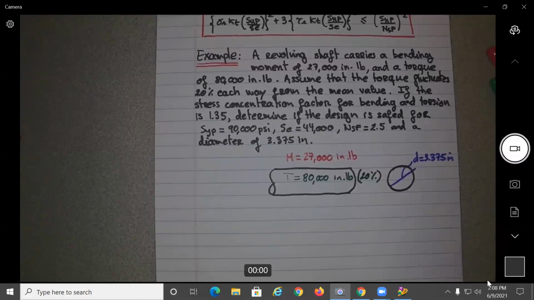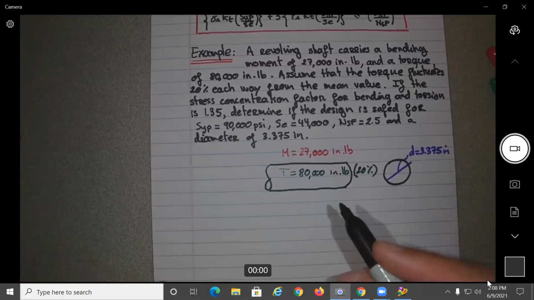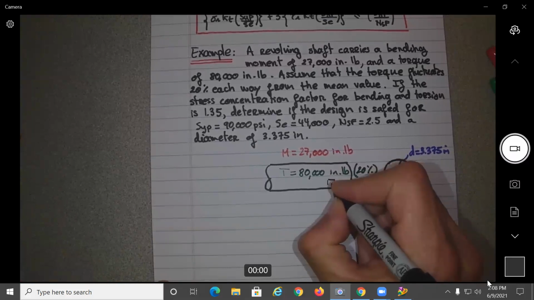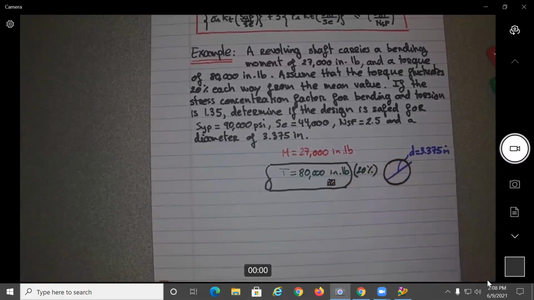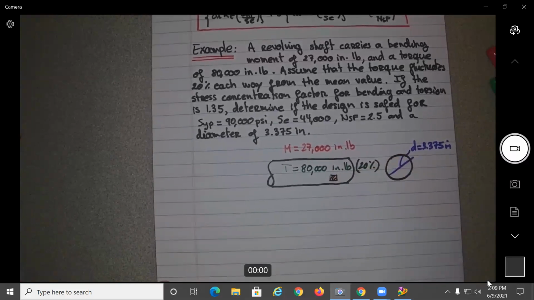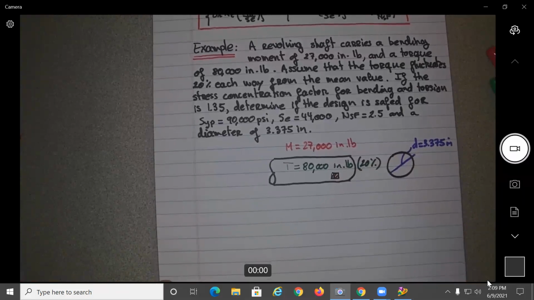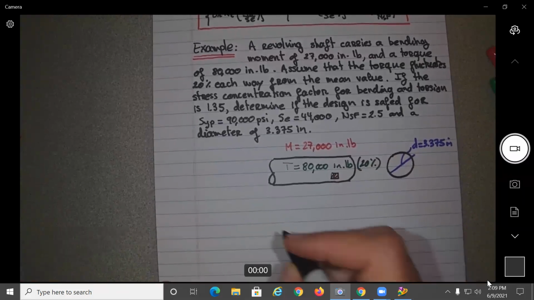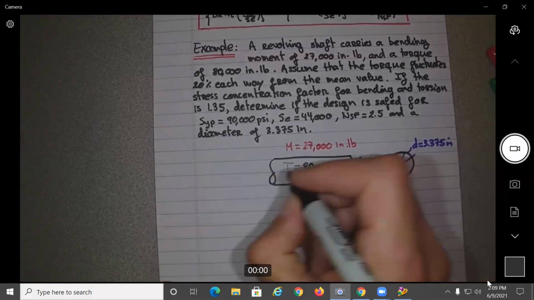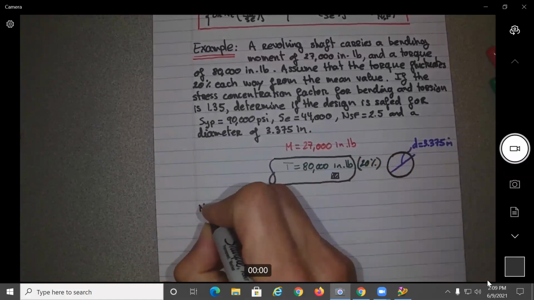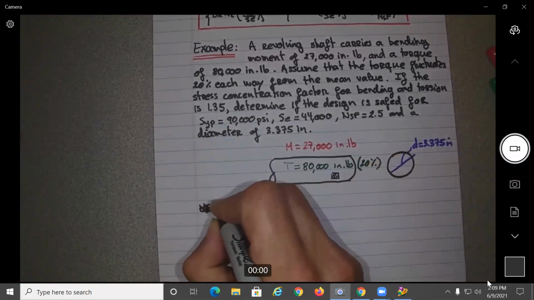Okay, so again, if we look at one small element over here of the beam, that little small element will be subjected to normal stresses and shear stresses. So let's say if we look at normal stresses first, or bending stresses, let's call them bending stresses.